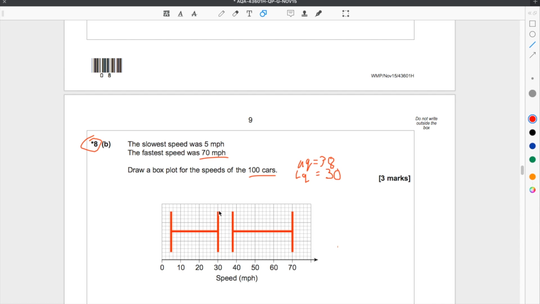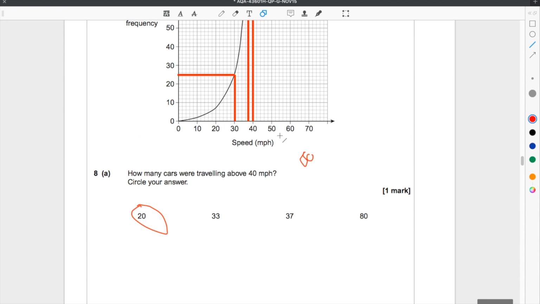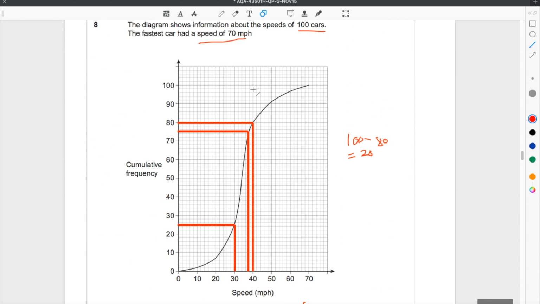And now all that's left is actually to calculate the median. And the median is the 50th percentile from the graph. And the 50th percent is simply at 50, because the graph goes up to 100, 50% of 100 is 50.